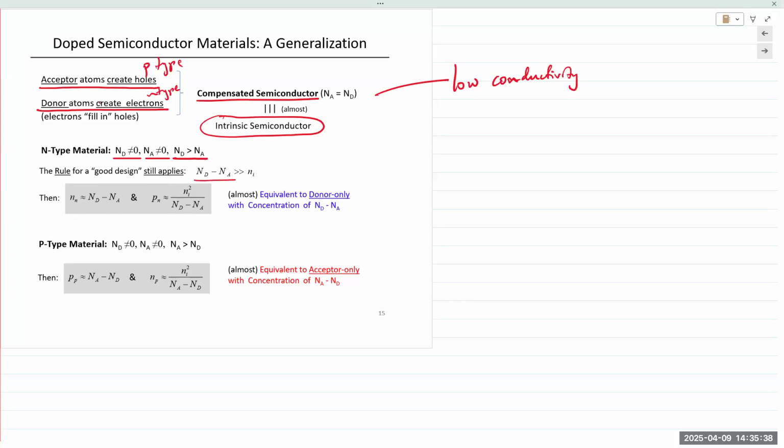And the same thing holds for a p-type material, except in a p-type material, Na is available in far greater quantities and Nd would be very small. So Na must be far greater than Nd. And for it to be considered a p-type material, Na minus Nd must be far, far greater than Ni.